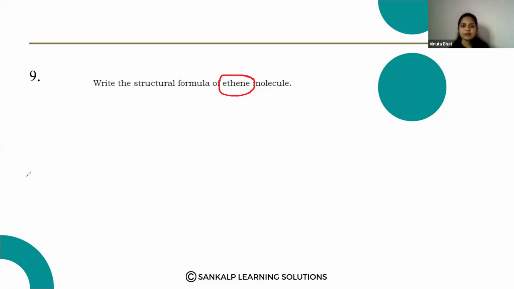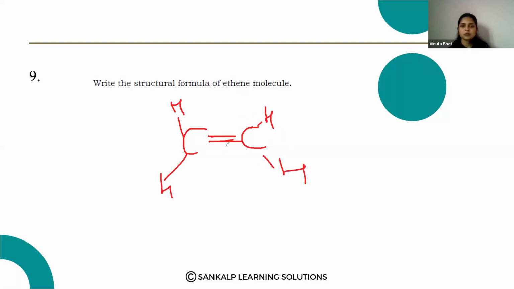Ethene has two carbon atoms, and two bonds between them, which is called a double bond, and C2H4 is ethene.